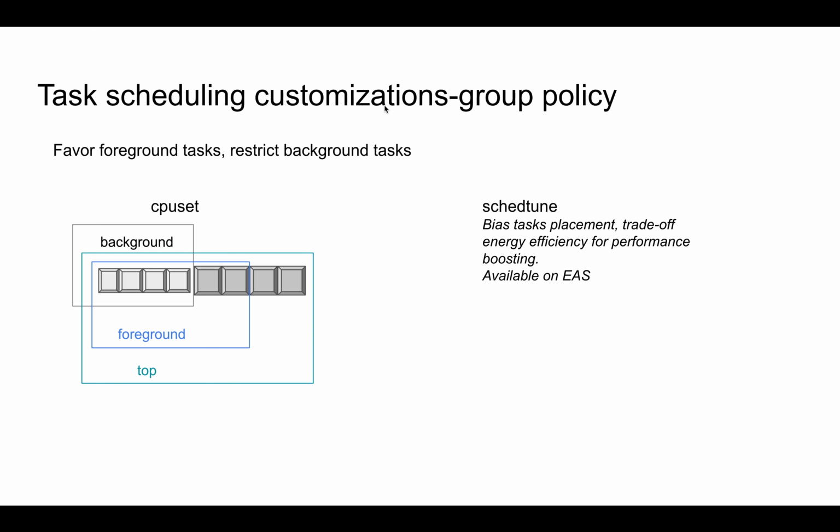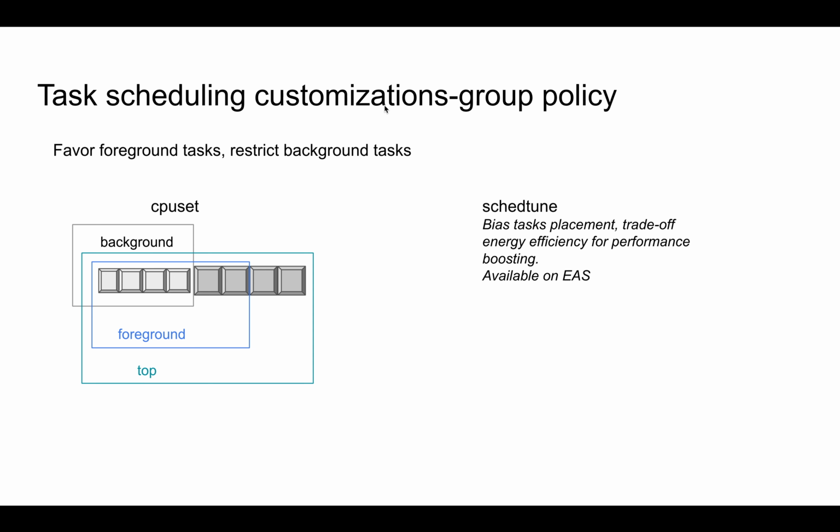Like one example of a CPU set policy shown here in the left picture. The top application, which refers to the application that the user is currently interacting with, can run on any CPU cores. And background tasks are restricted to run on little cores, which means the scheduler will mask big cores out and only place these tasks on little cores.